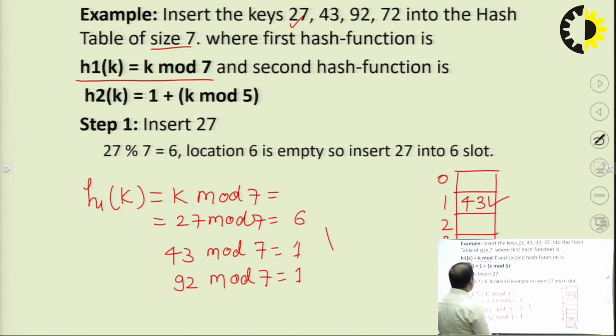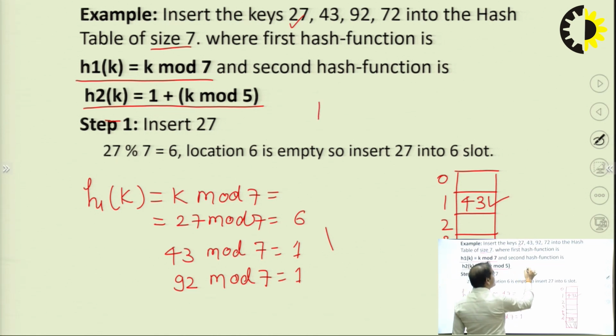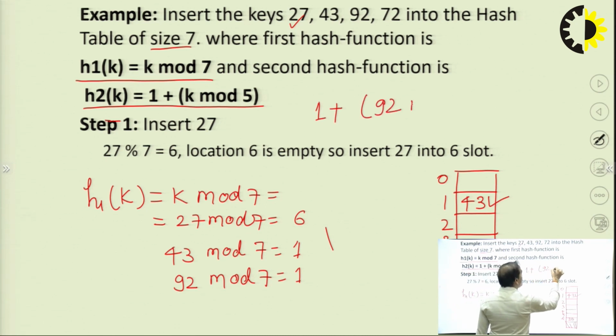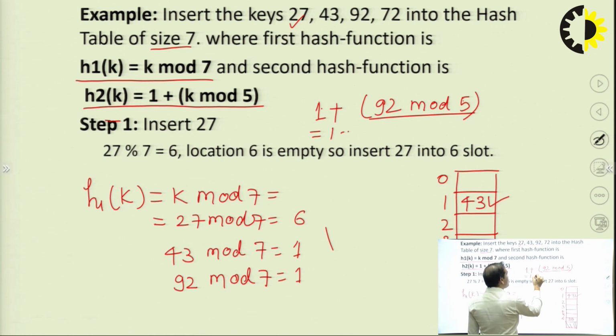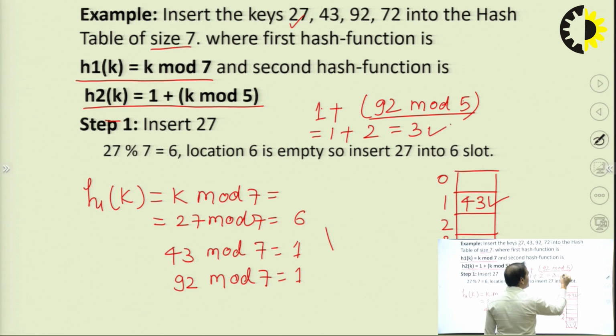Then we have to use the second hash function to get the location: 1 plus 92 mod 5, which gives 2, so the location would be 3.